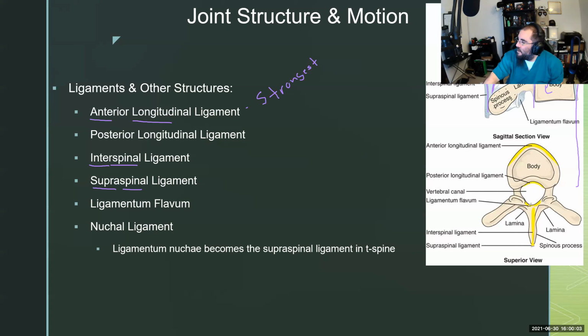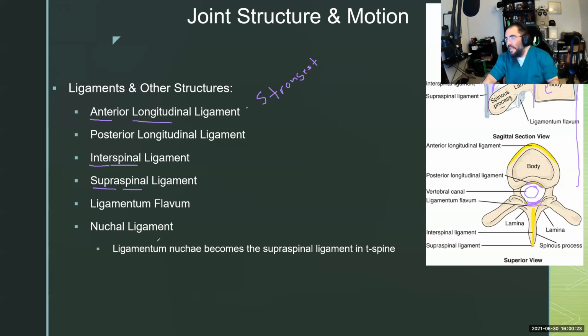We also have this thing called the ligamentum flavum here, which runs on the inside of that vertebral canal. There's our posterior, right? It runs right in there, and it helps connect those vertebral canal parts together.